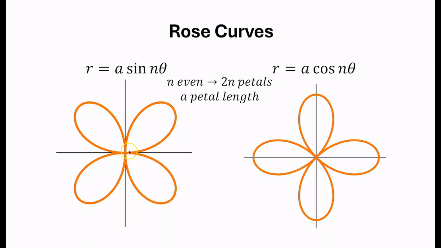So there's not a petal that's lying along an axis at all. But if cosine is involved, then we actually have some petals along each of the axes. And so that's something to keep in mind about sort of the pattern when it comes to these rose curves.